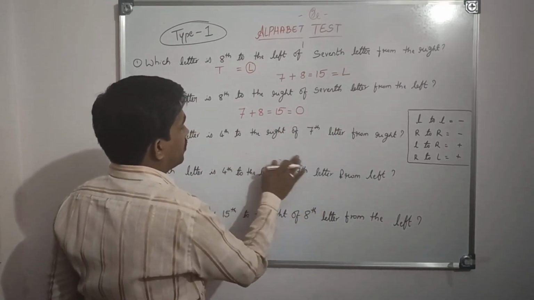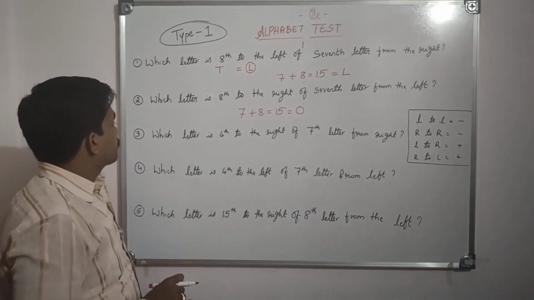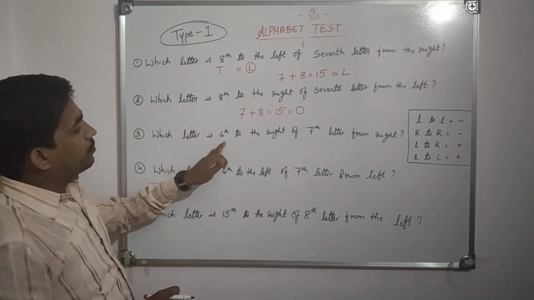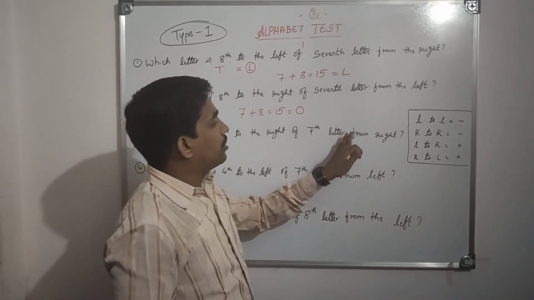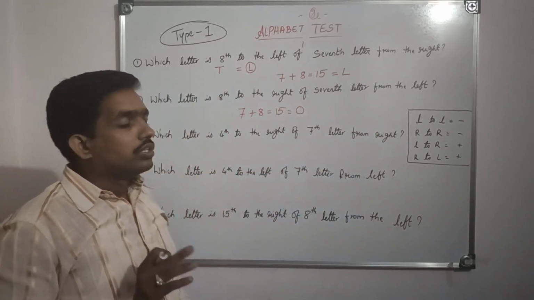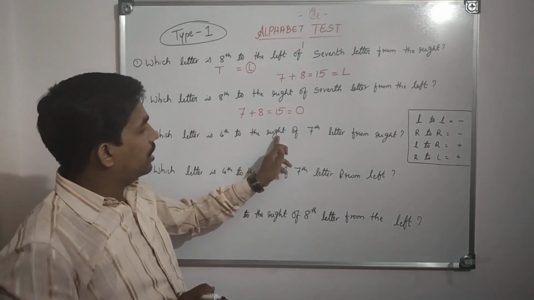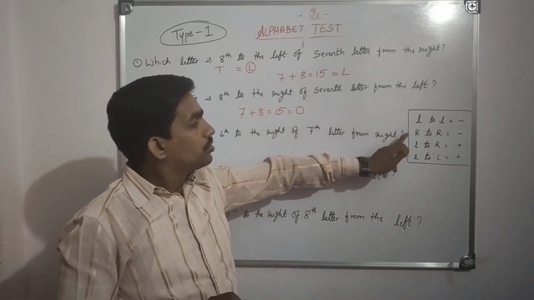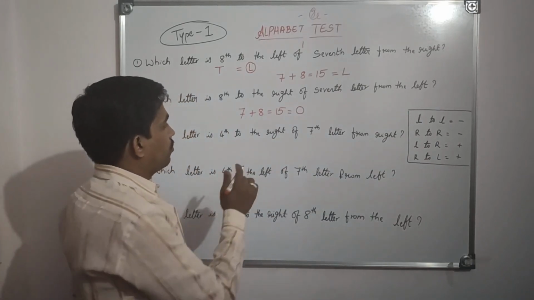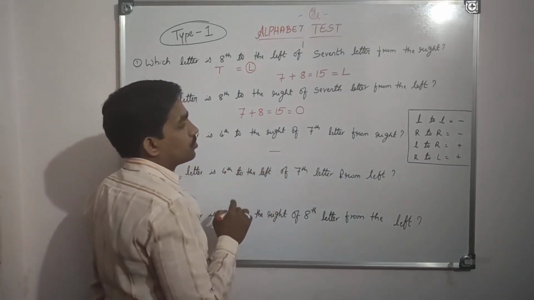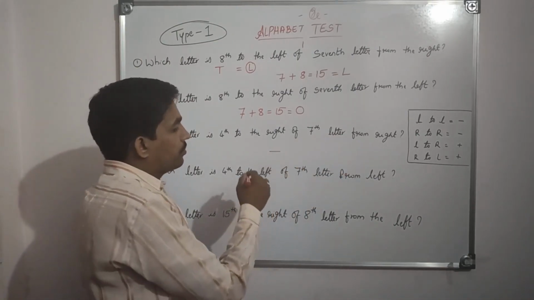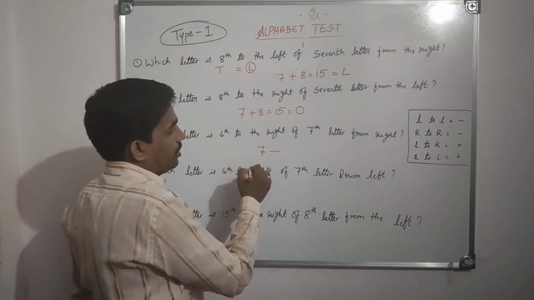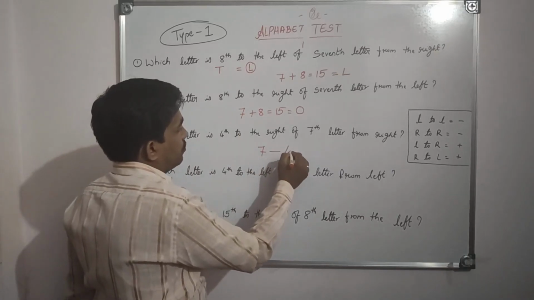Next, coming to our third example, which letter is fourth to the right of seventh letter from the right? See here, again right here, right here also. Right to right means minus, we have to subtract. First we take the 7, next 4.